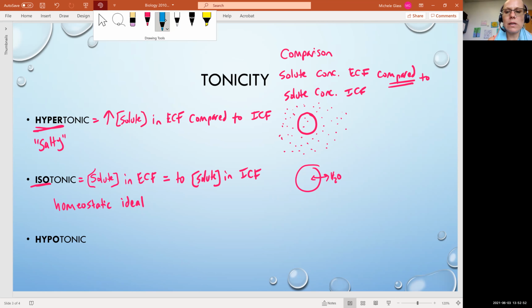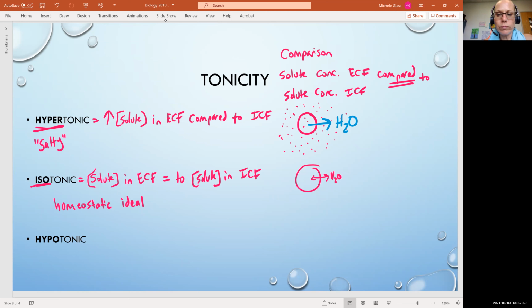And so what we're going to see happening here is water will leave the cell. And so basically the cell dehydrates. The cell loses water. It can shrivel up, can look like a raisin, right? Or something else that's like crusty and dry. It's not sustainable for a cell, right? So if a cell loses too much water, you know what's going to happen.